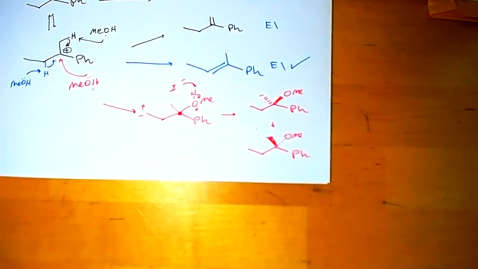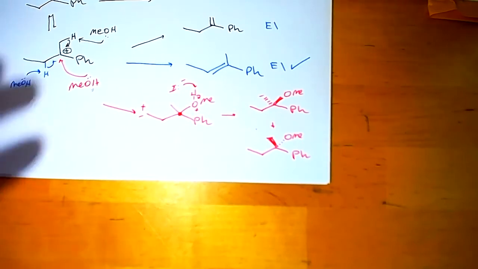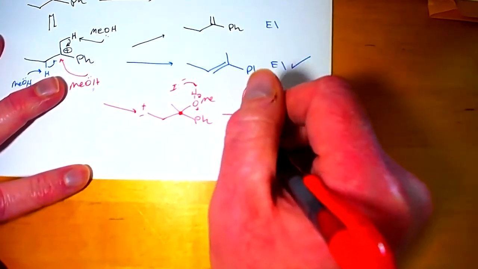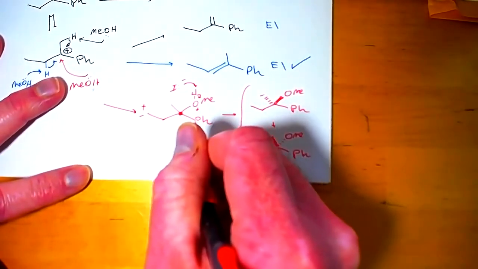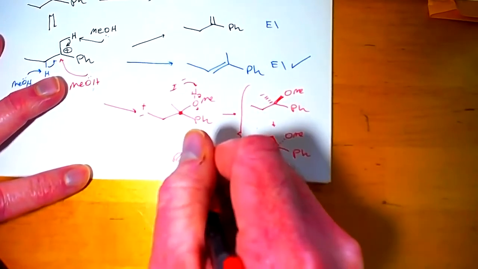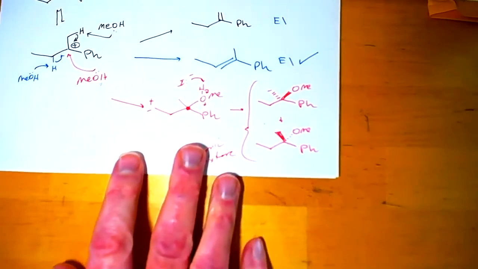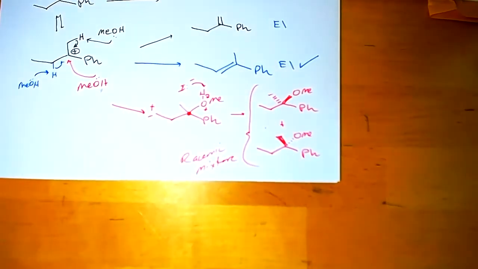And which one of those do you think would be the major product of those two? And if you said, well, there won't be, you are correct, because this is a racemic mixture. And that's going to be difficult to resolve, that racemic mixture.